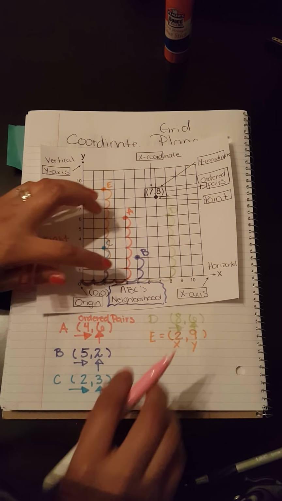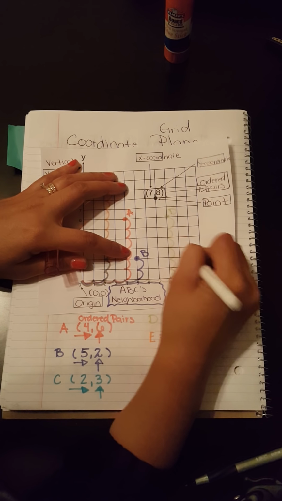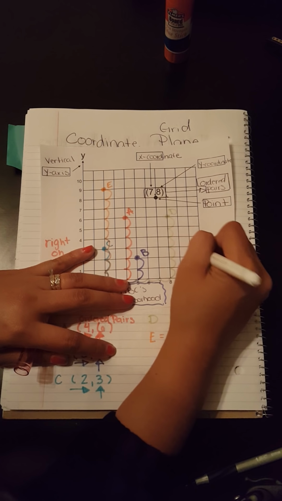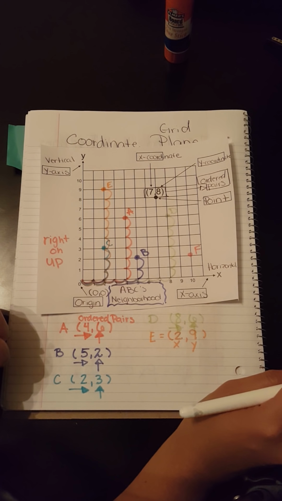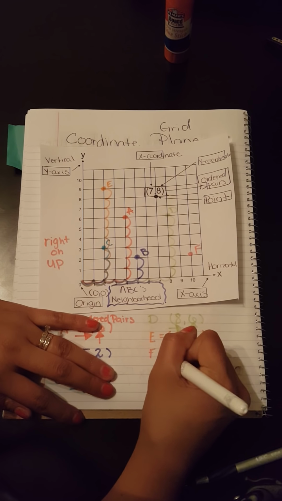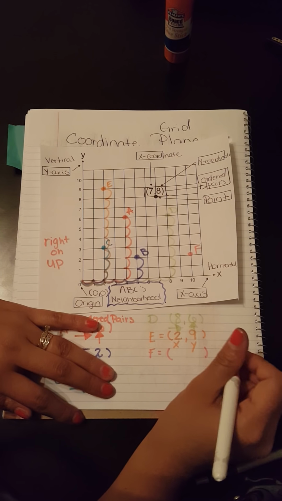Again, I'm going to give you a point this time. Let me put the point right there. And it's going to be point F. How do I get to point F? What are the ordered pairs for F? It's very easy.